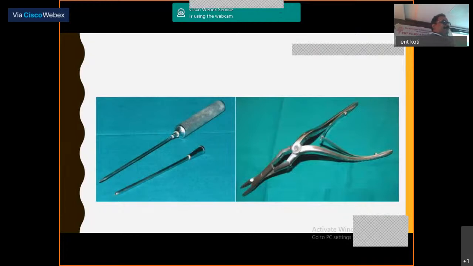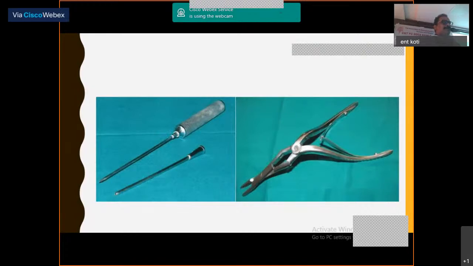What is the name? Trocar and cannula. Lichtwitz, Krishnan and Kerala, they are no longer in use, but they do have a role in some cases. But they used to do at least 20-25 cases in every clinic, these antral washout cases.